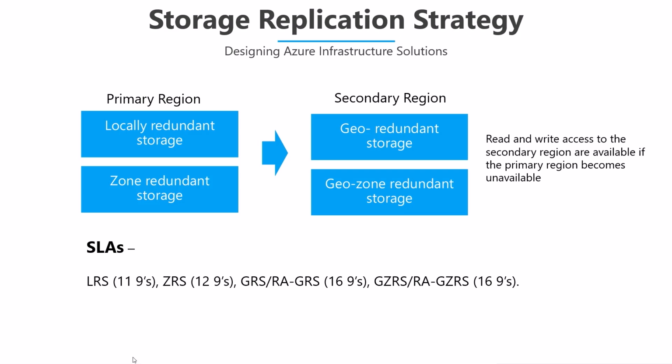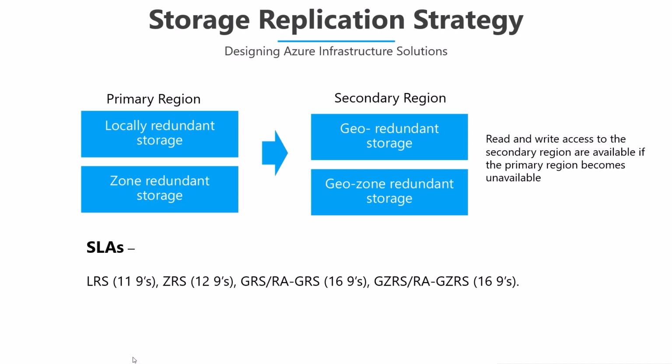If you want recovery from a data center failure, then you have to go for better replication strategies, which is ZRS. ZRS is going to copy data into 3 different zones of the same region. And if I go with the better ones, GRS or GZRS, it's not going to be limited to one single region, but to multiple regions.